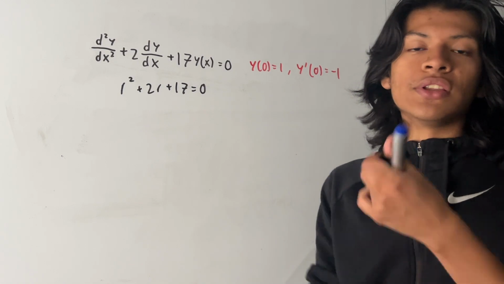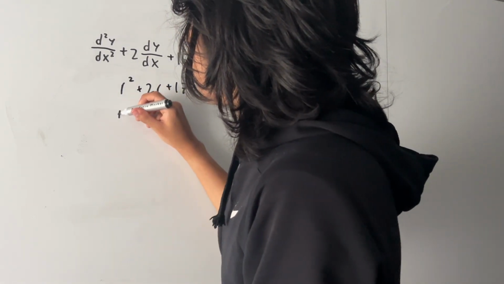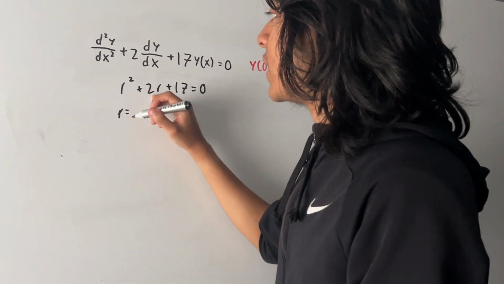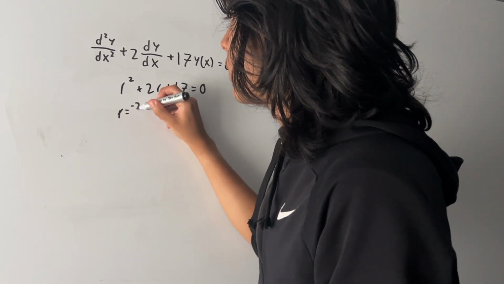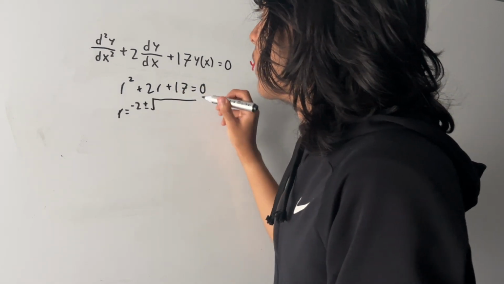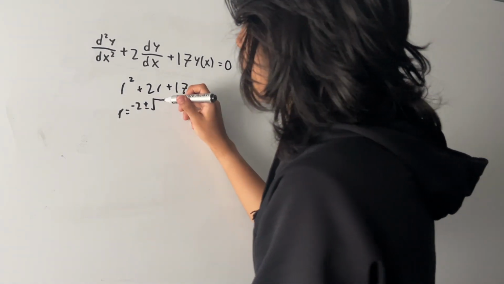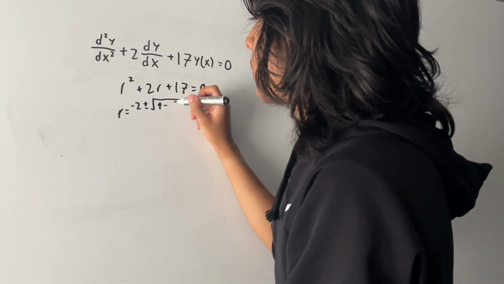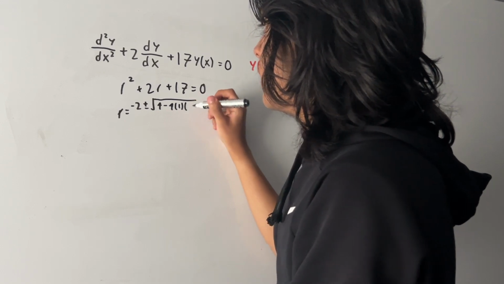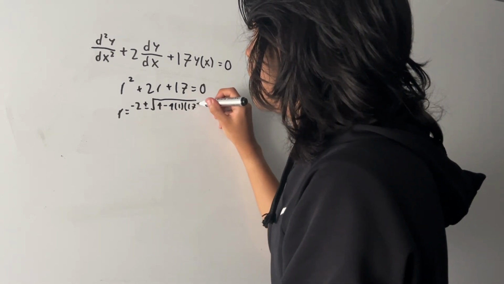Again, using the quadratic formula to solve for r, we get negative b, and b in this case is 2, so negative 2, plus or minus the square root of 4 minus 4, where a is 1 and c is 17.